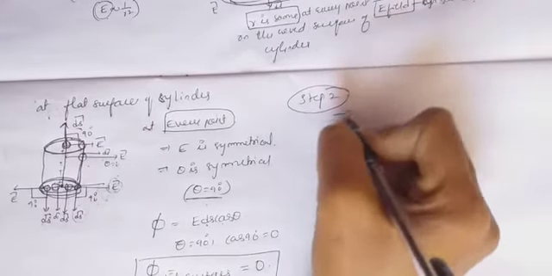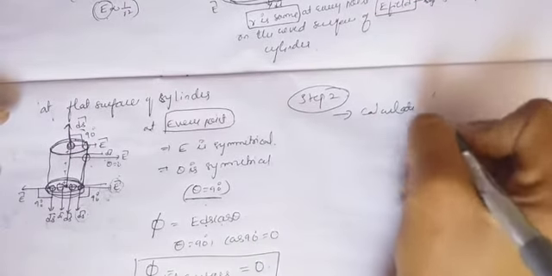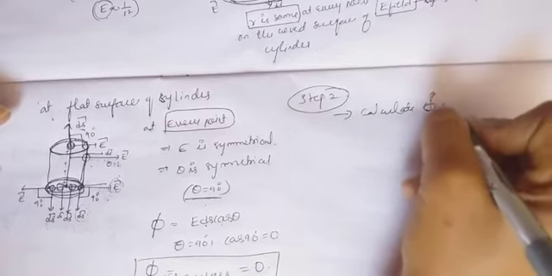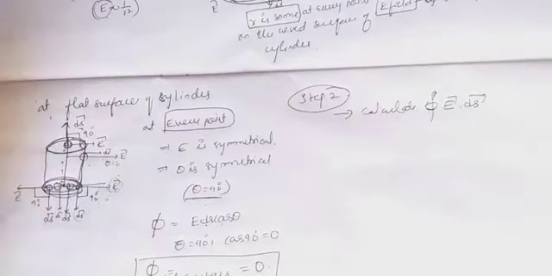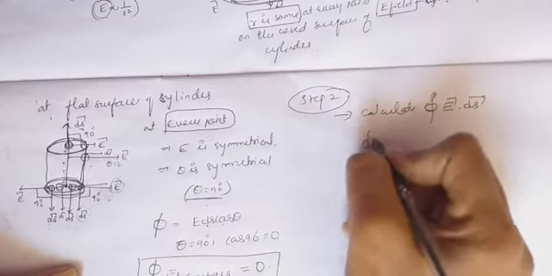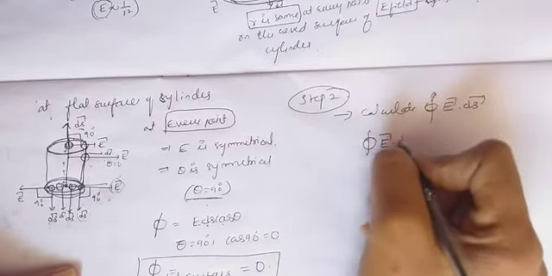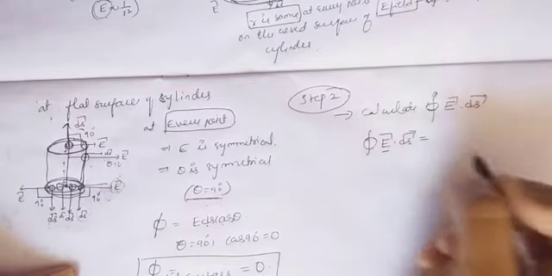Step 2: we have to calculate the closed integral of E dot dS. So let us consider the closed integral of E dot dS is equal to what? Here the electric field is symmetrical.